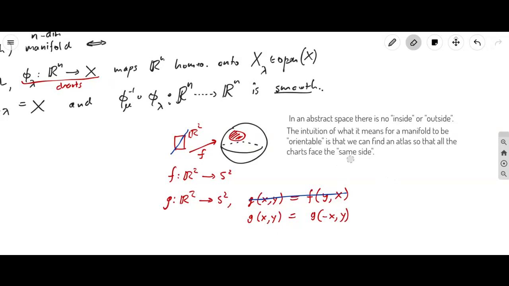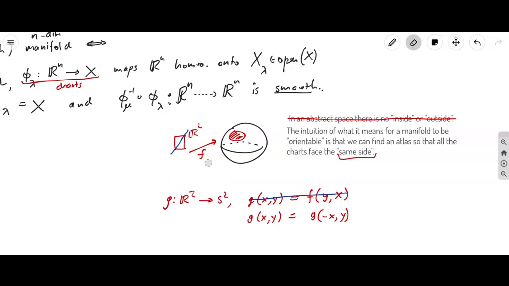So we want them to all either face the inside or the outside. Now, in an abstract space, we have to sort of forget about this. That does not really make sense. Rather, we want to define what it means for them to all face the same side in a different way. So here is how we're going to do it.